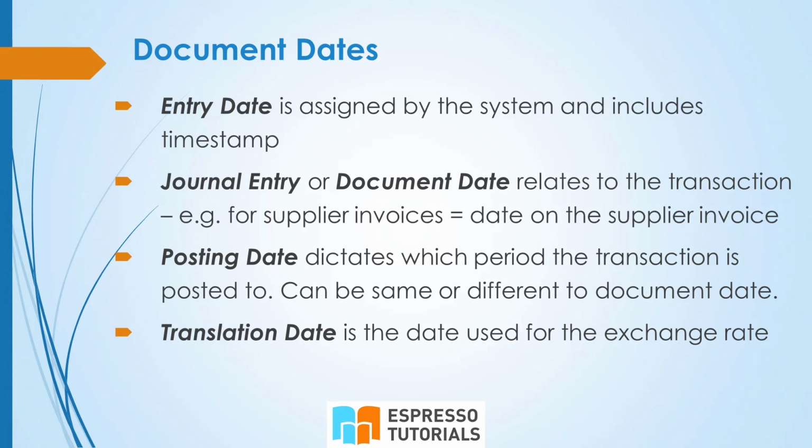Some countries also set a tax reporting date, and you may also get a park date where a document is parked prior to posting. Invoice due dates are calculated using a baseline date, which is set according to what's configured in the payment terms and can be based on the document date, posting date, or entry date.